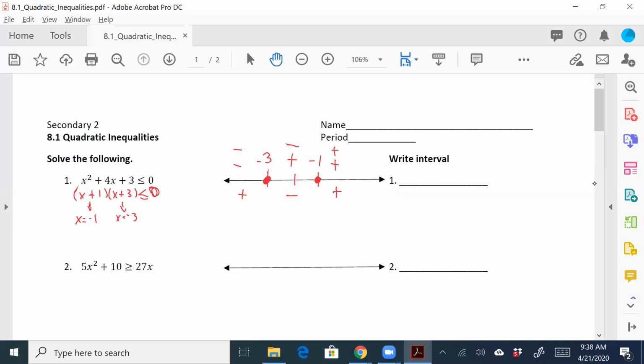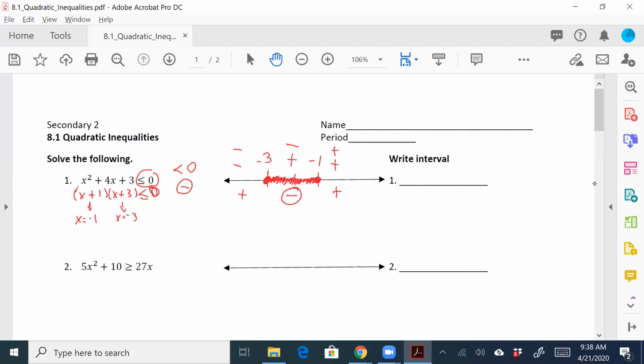And so going over here to the idea that this quadratic is less than or equal to 0, less than 0 means that it's negative. And so this is the one that we're looking for as our solution. And so we shade in between there, indicating that that's where our solution is.